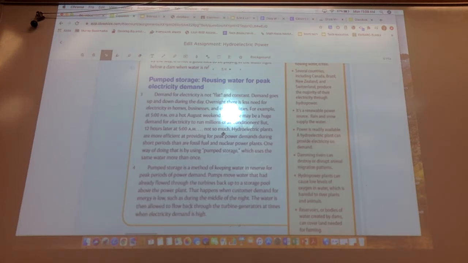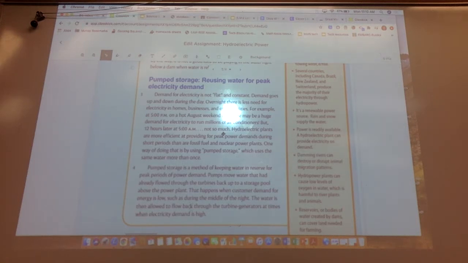For example, at 5 p.m. on a hot August weekend day, there may be a huge demand for electricity to run millions of air conditioners. But 12 hours later at 5 a.m., not so much. Hydroelectric plants are more efficient at providing for peak power demands during short periods than are fossil fuel and nuclear power plants. One way of doing that is by using pumped storage, which uses the same water more than once.